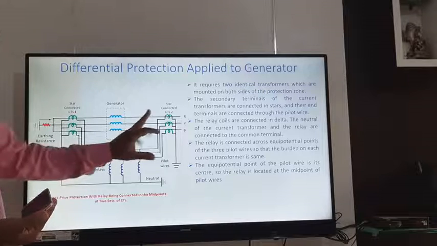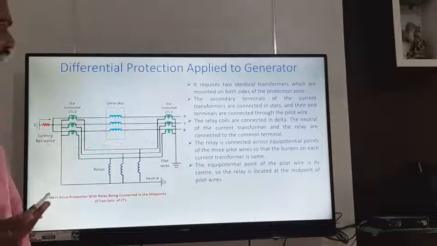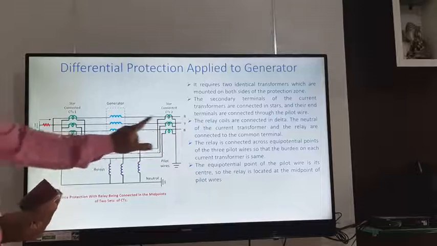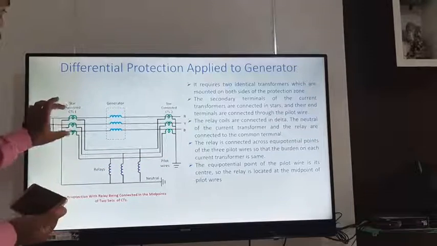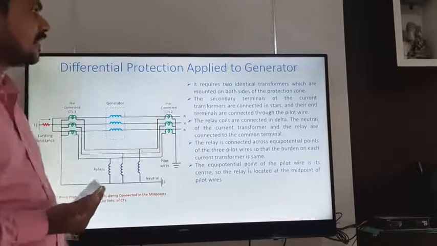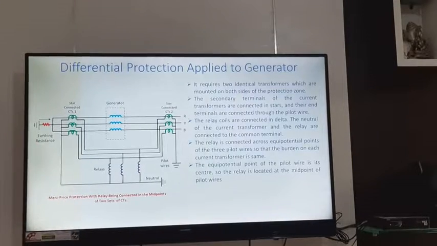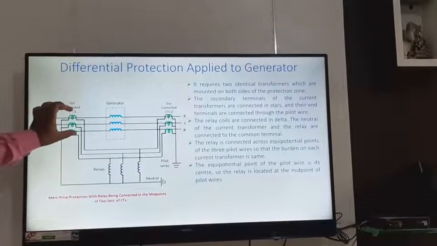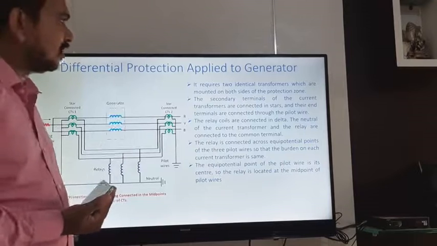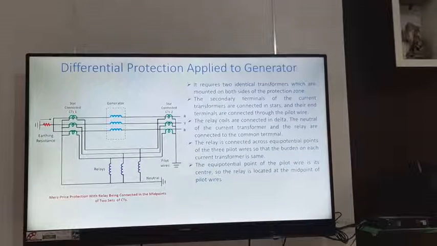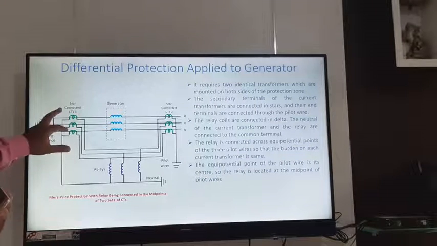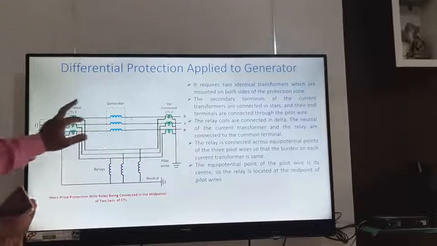Differential protection applied to a generator requires two identical current transformers. So CT1 and CT2 are identical current transformers, meaning the CT ratios and the characteristics of the CTs are identical, and they are mounted on both sides of the protected zone.